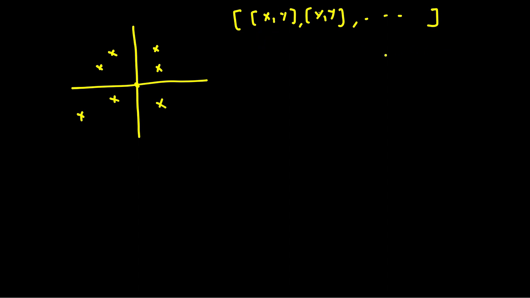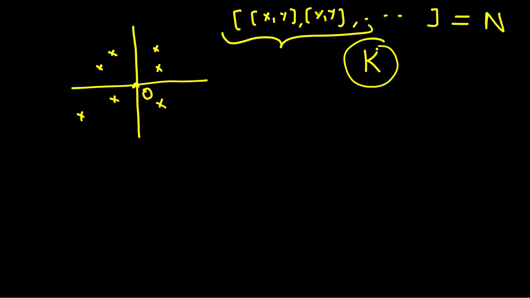So what we need to do is find k closest points to the origin. So what we can do, we will pick the first k points, and in total, let's say there are n points. We will pick the first k points and put them in a heap. We can put them in a min heap, or here we will need a max heap.